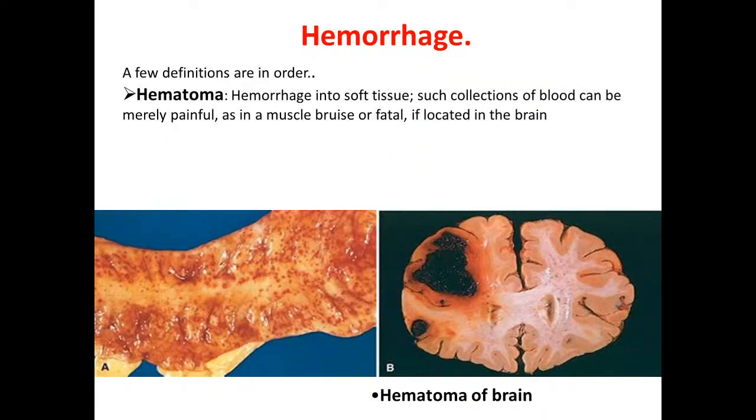A few definitions are in order. Hematoma: hemorrhage into soft tissue. Such a collection of blood can be merely painful, as in a muscle bruise, or fatal if located in the brain.